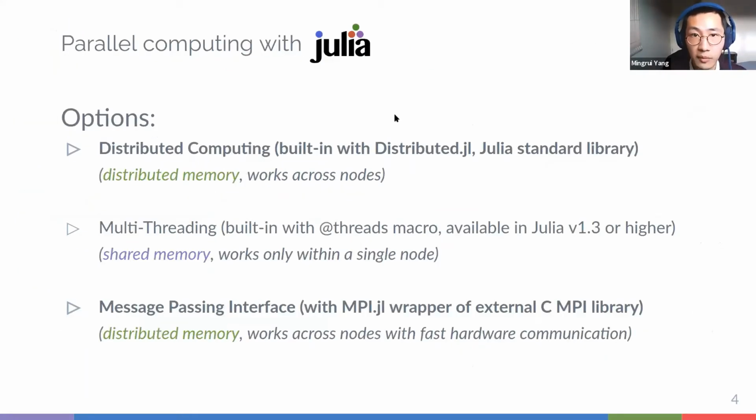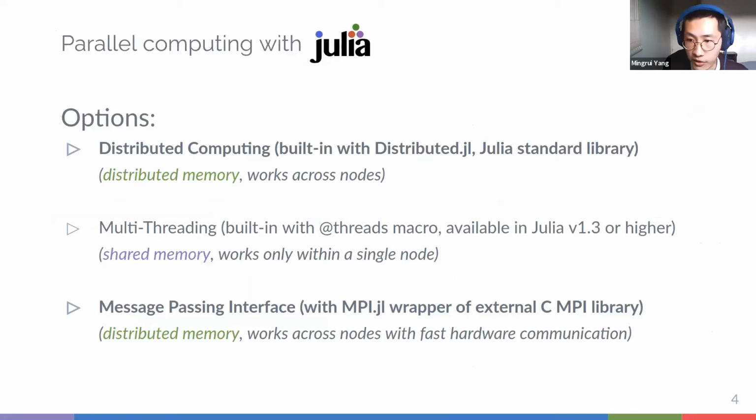About parallel computing with Julia, there are many options you can choose from. The first one we can see here is distributed computing, with the built-in Julia package Distributed.jl. Also, you can use the multi-threading feature that's available since Julia version 1.3.